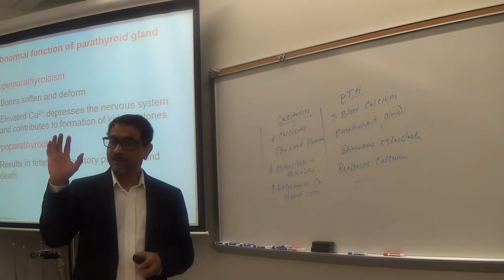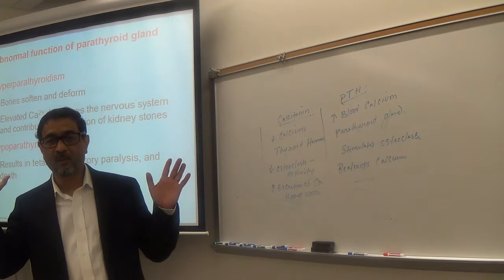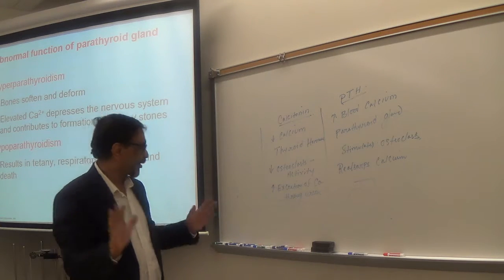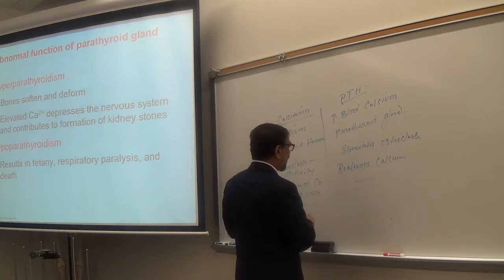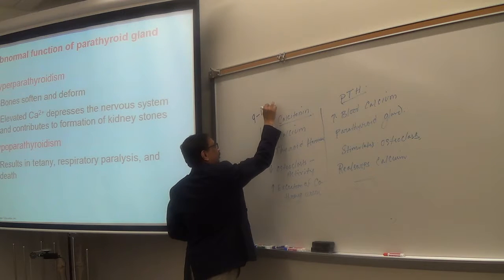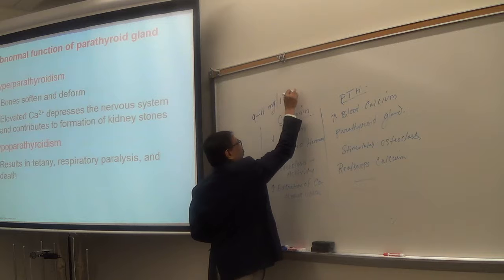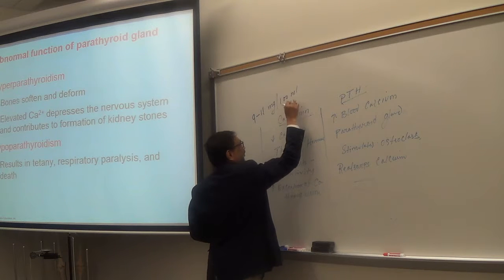Now remember, this is very important. Calcium is a very important mineral in your body. And calcium concentration must stay between 9 and 11 milligram per 100 milliliter of blood or 1 deciliter of blood, same thing.